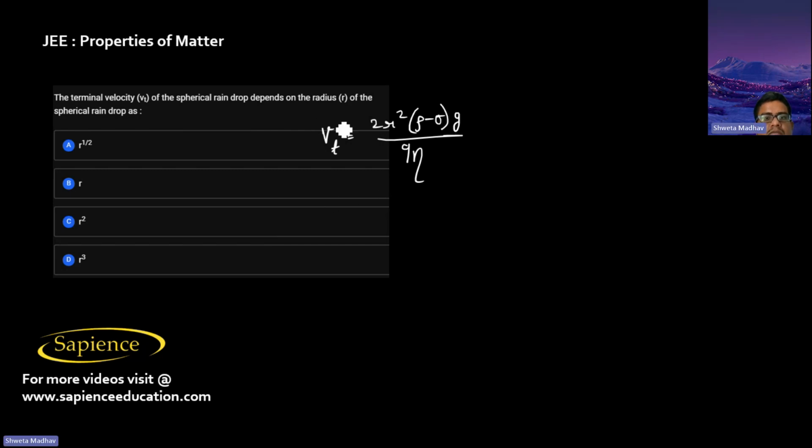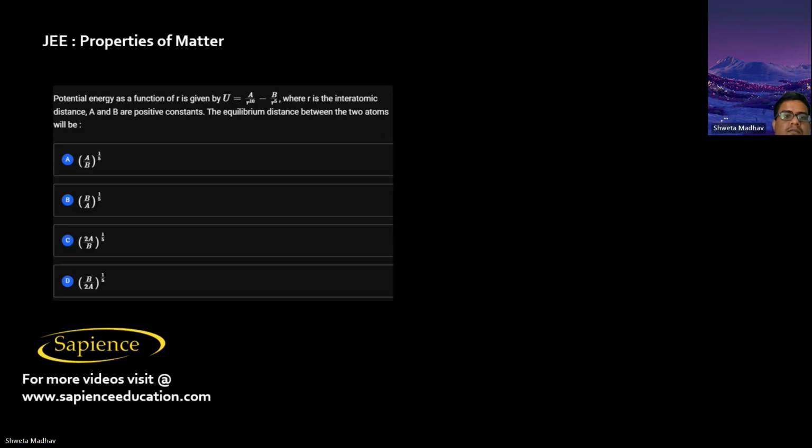So therefore, the terminal velocity is directly proportional to r square. So hence option C is the correct answer.